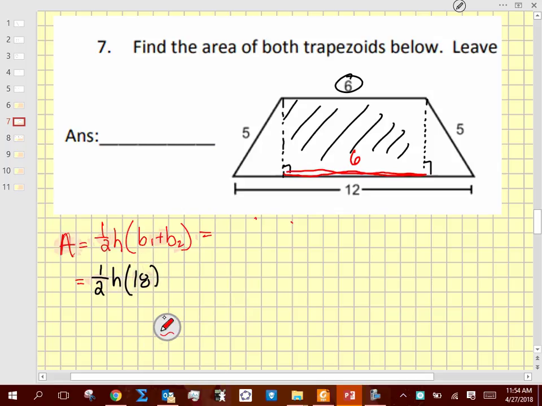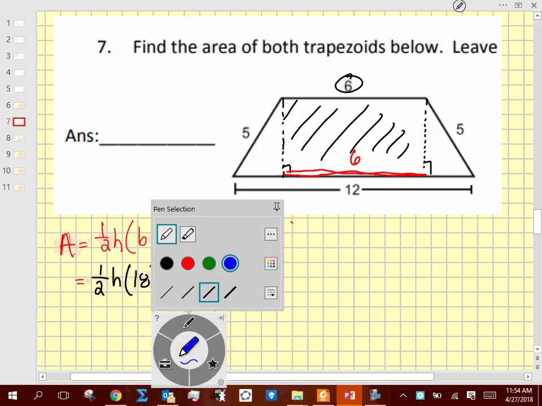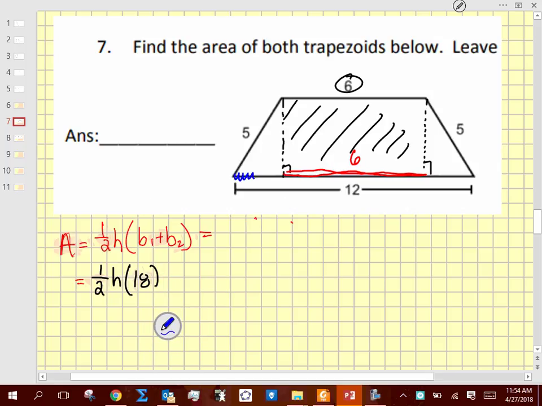Now, if that red distance is 6, what are these two blue distances going to add up to? They have to add to 6. Now, do I know how each one of them is? Okay, it's 3 and 3, right? But how do I know that? How do you know that?